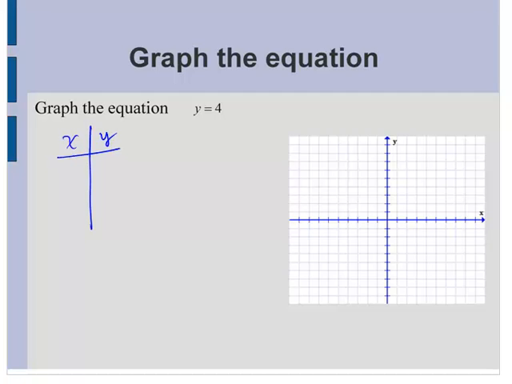And I immediately place the number in the column for that one variable. So it says y equals 4. I'm going to put 4 in the y column several times. And now for the x column, I can choose any numbers for x.